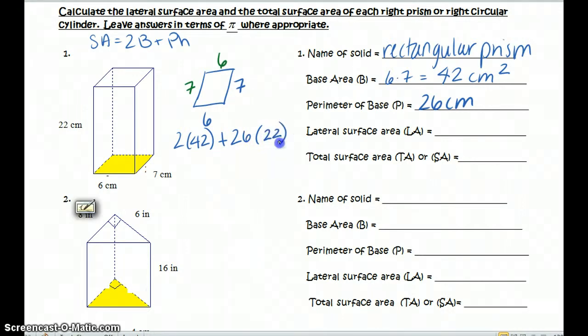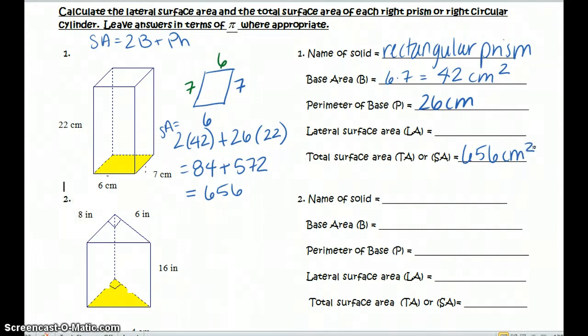So in this case, 22. So you should get the surface area to equal 84 plus 26 times 22, which is 572. So total surface area is 656. And then don't forget your units of centimeters squared.